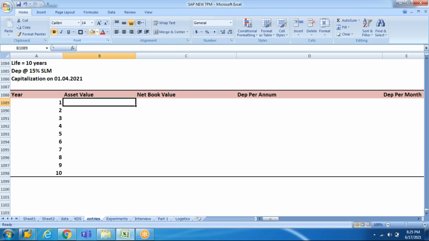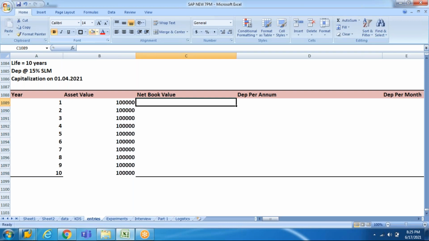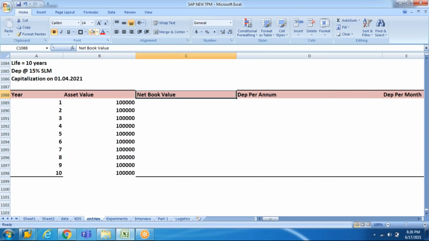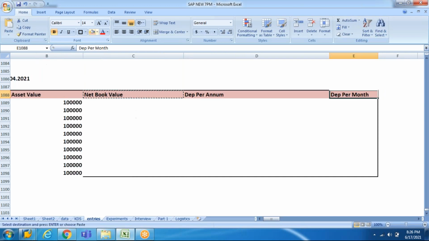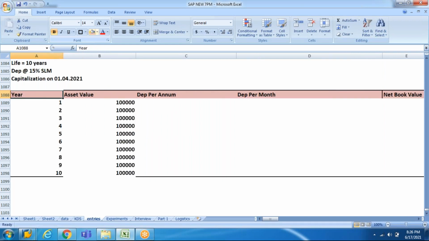Now asset value will remain constant, 1 lakh. So you're not adding, you're not modifying anything. Asset value remains constant. Net book value is dependent on the depreciation. Depreciation per annum, depreciation per month, and net book value.